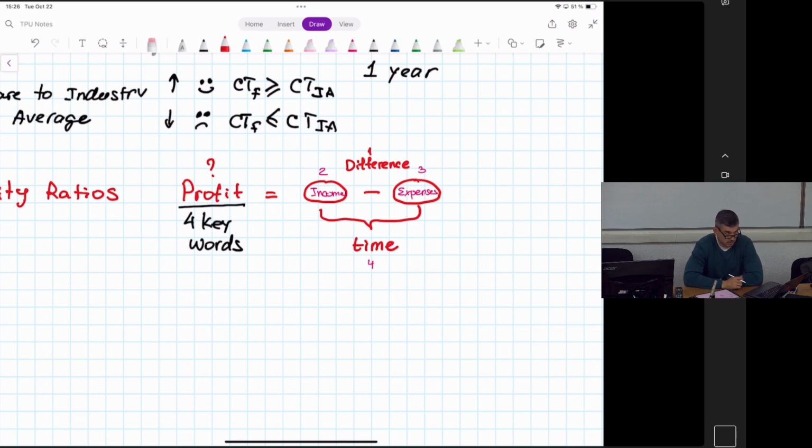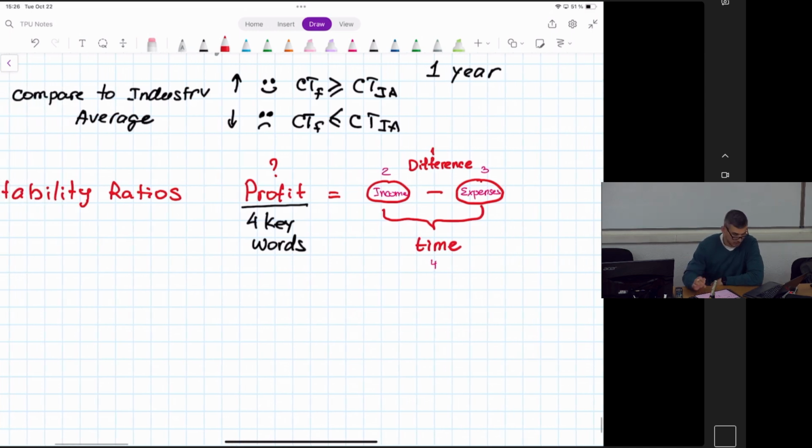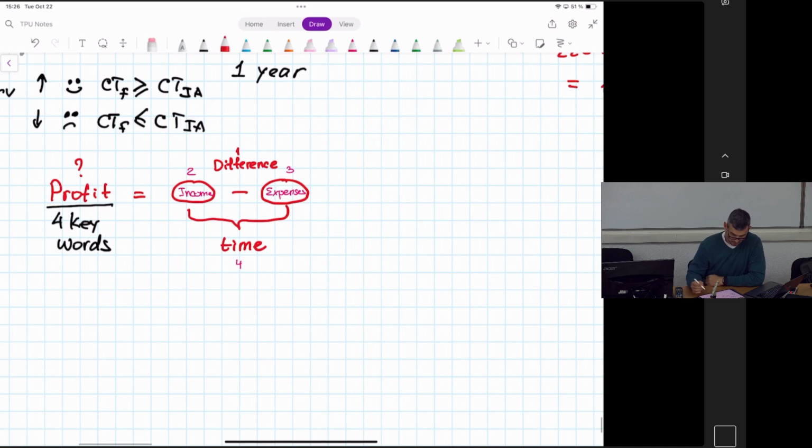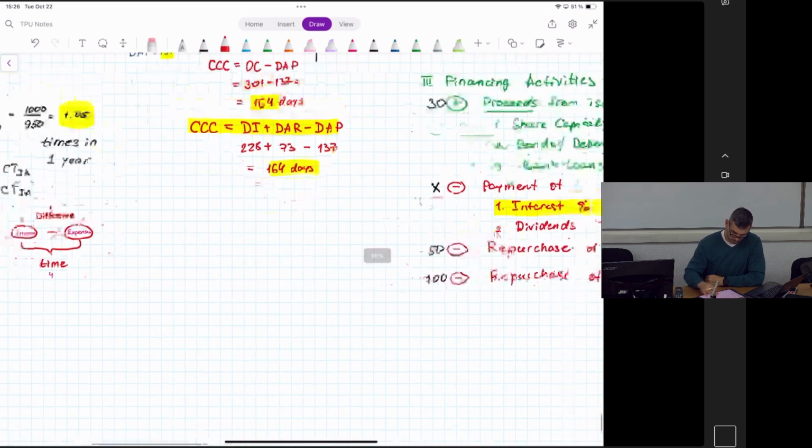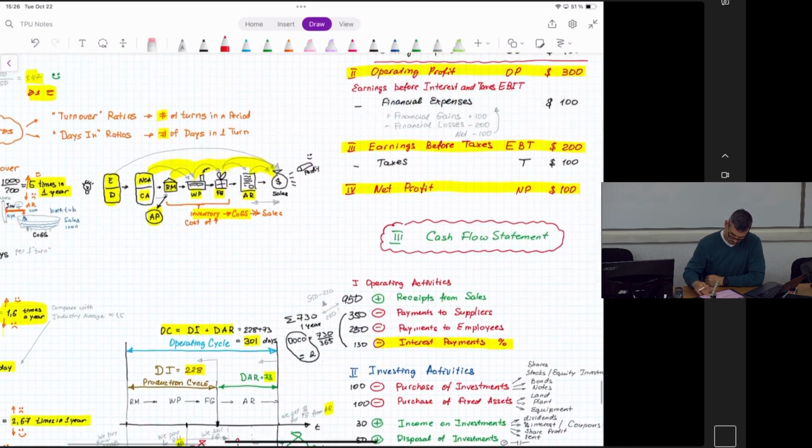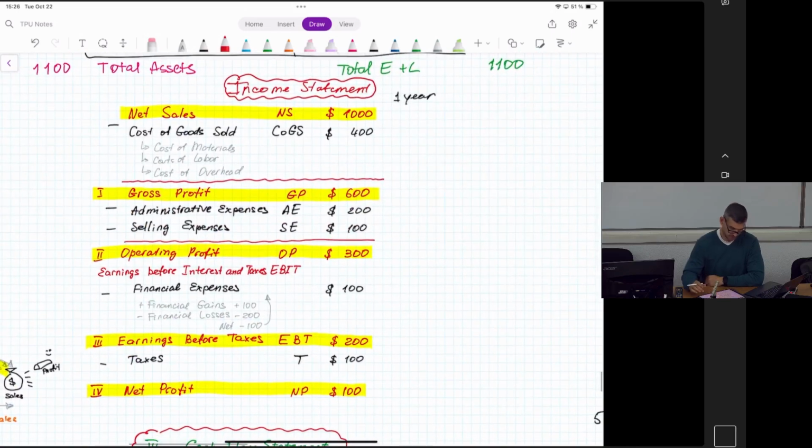Do you have any questions so far about it? I'll give you an example. Let's look at the example. If we go to the income statement, here we have 4 kinds of profit.